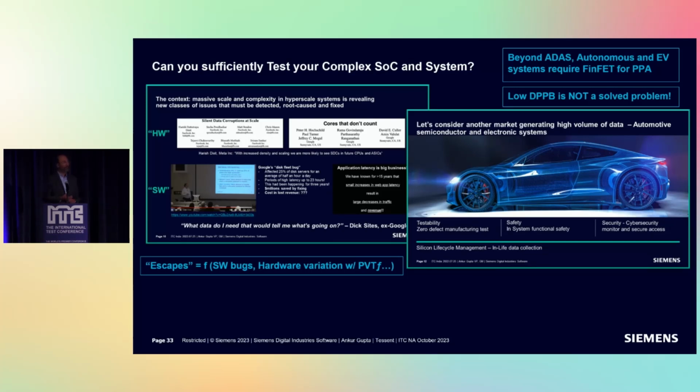But guess what? The high quality requirements that the autonomous and the automotive market has, which is DPPB, defective parts per billion, is not necessarily a solved problem in FinFET, because the other vertical markets that have already been using FinFET have been doing low DPPM, but not necessarily low DPPB.